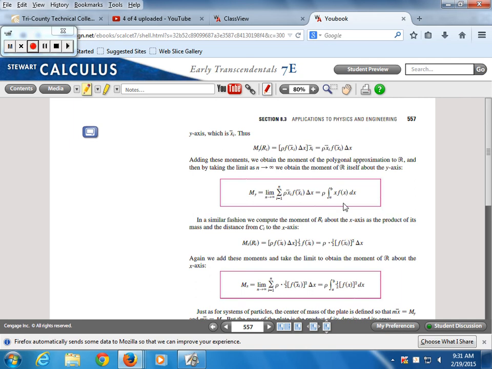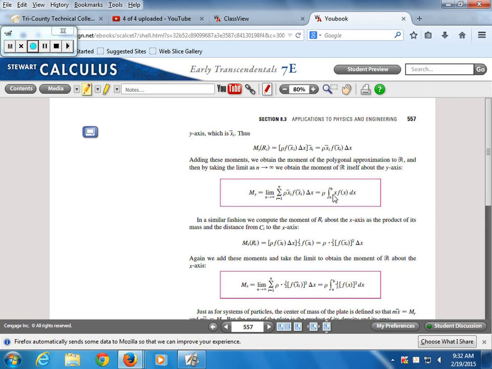And here is what you need to know. These two formulas right here. You don't need to know Riemann sums over here. You just need to know this. And there's your rho. Delta x is rho times the antiderivative from a to b of x times f of x dx.